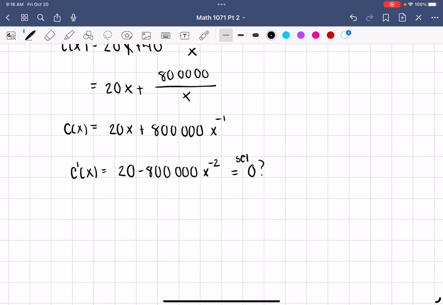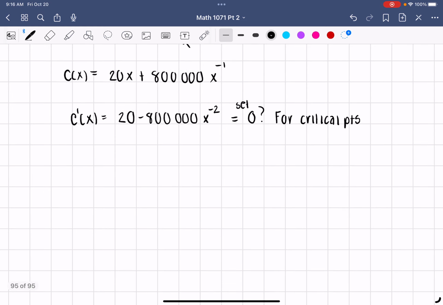And let's double check. This is supposed to be a minimum. But if you have a minimum, you better have concave up. So let's just double check. C double prime becomes negative, negative 2 times 8 is 16, over now x cubed.